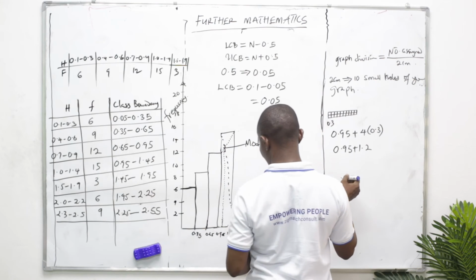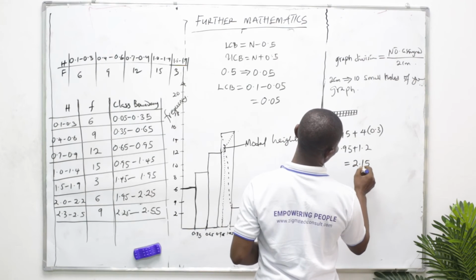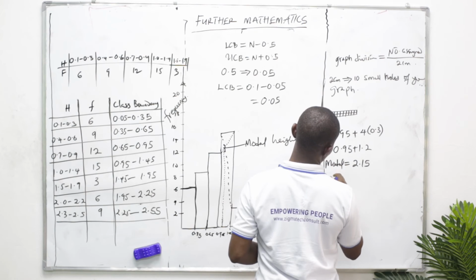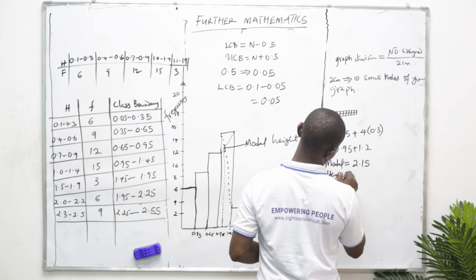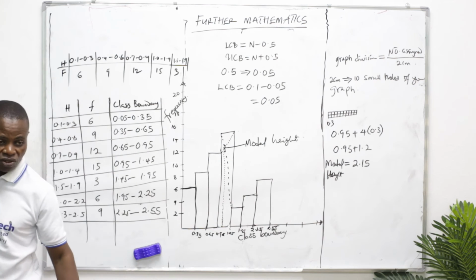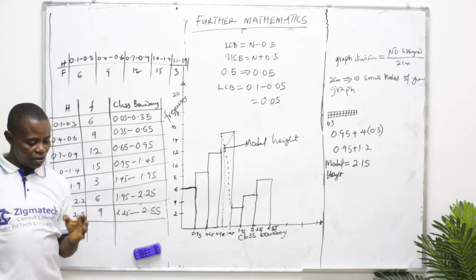That's your solution now, which is 2.15. So modal height equals 2.15.